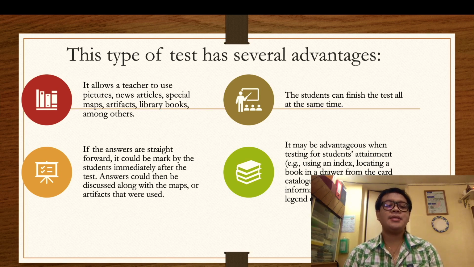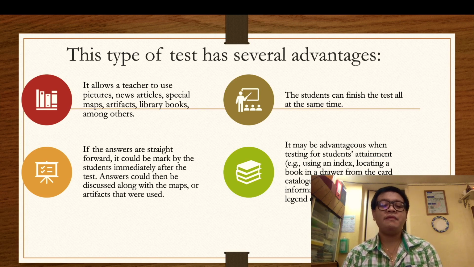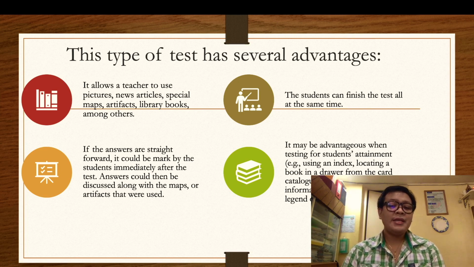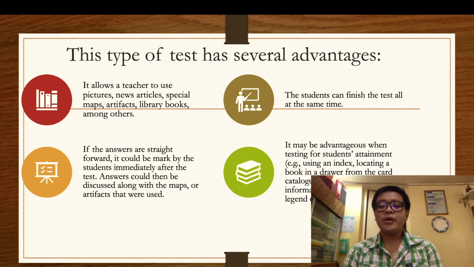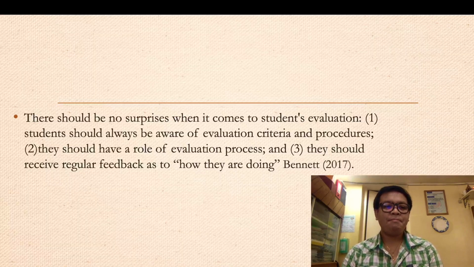Answers could be discussed along with maps or artifacts that are being used. It may be advantageous when testing skills students attain, for example, using an index, locating a catalog, assessing online information, or interpreting a legend or a map.